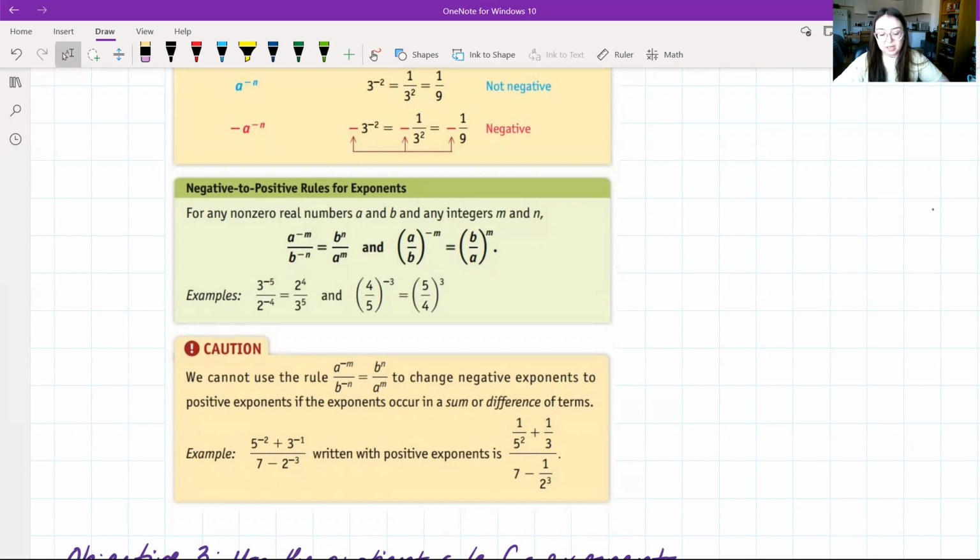As an example, if we have 5 to the power of negative 2 plus 3 to the power of negative 1, all divided by 7 minus 2 to the power of negative 3, written with positive exponents, it's going to simplify down to 1 divided by 5 to the power of 2 plus 1/3, divided by 7 minus 1 divided by 2 to the power of 3. We can't use our rule as before. We would have to take each individual term and then rewrite that.